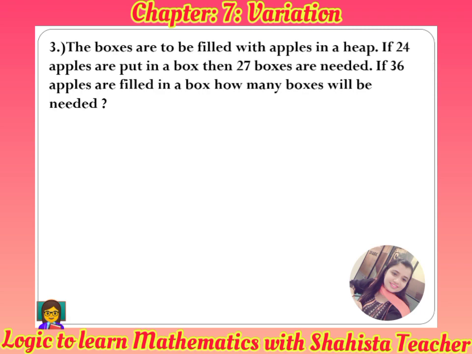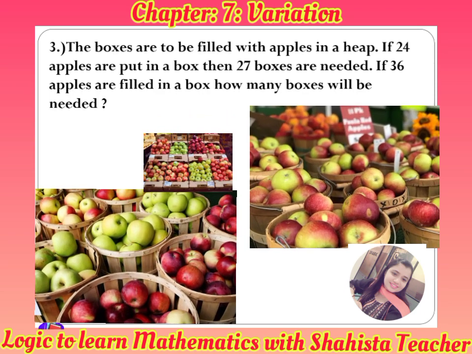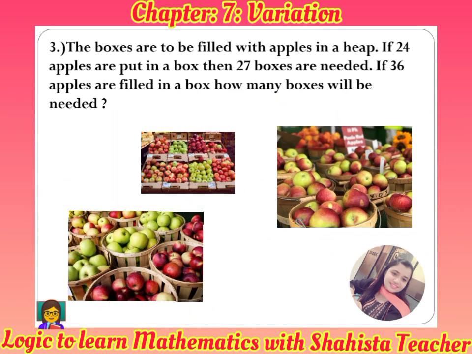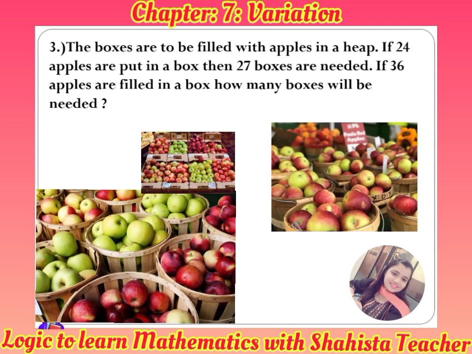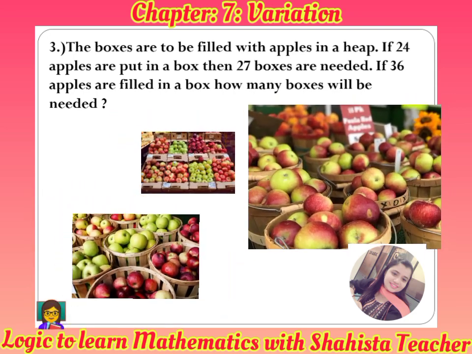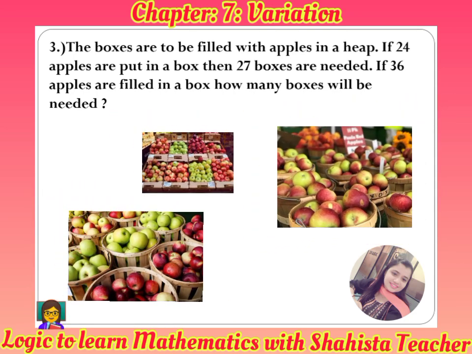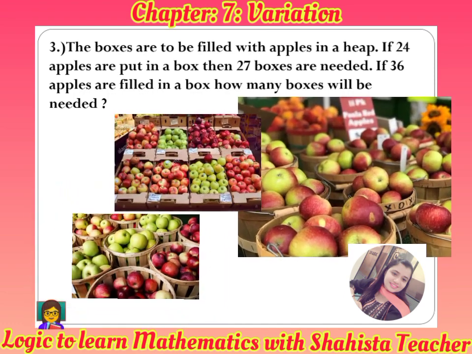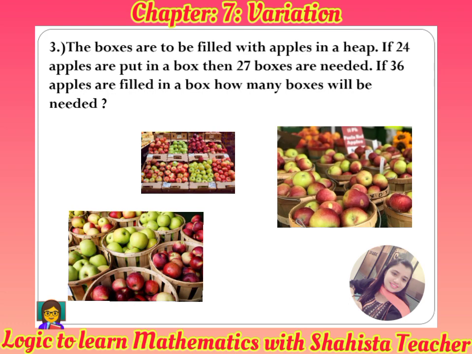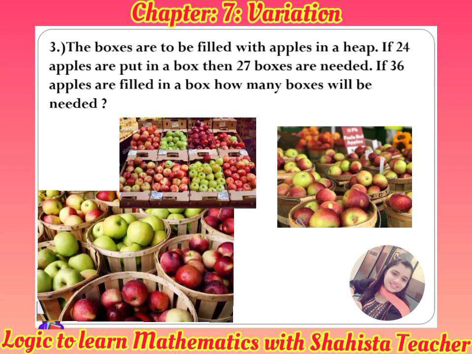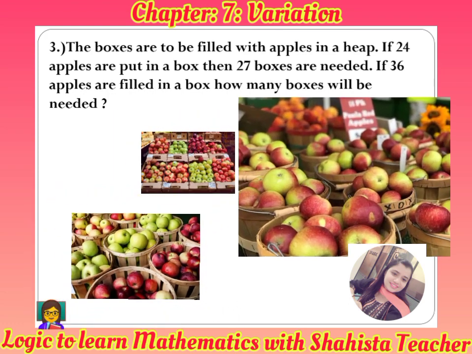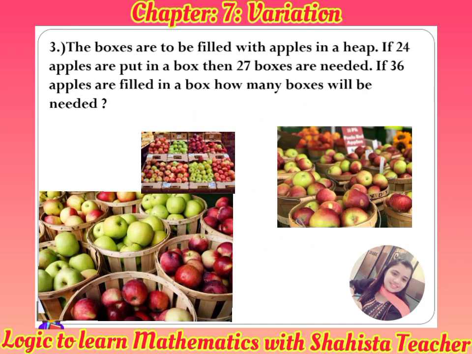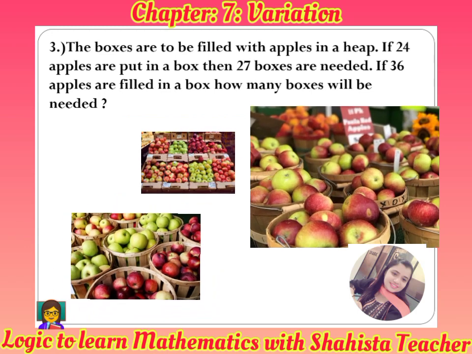Okay, so now let's solve question number 3. The boxes are to be filled with apples in a heap. If 24 apples are put in a box, then 27 boxes are needed. If 36 apples are filled in a box, how many boxes will be needed? See, this image is representing the boxes and apples.